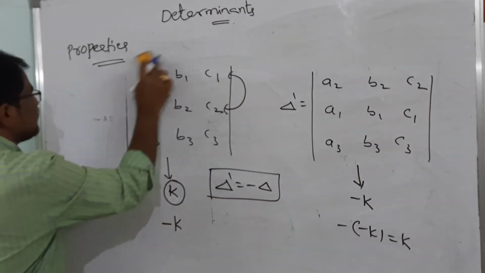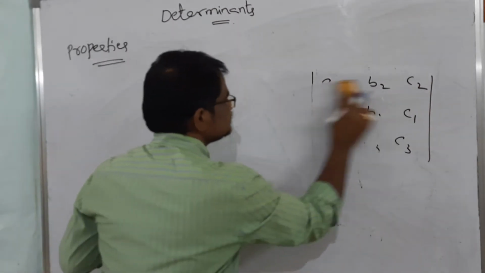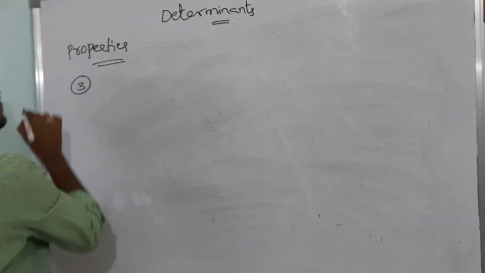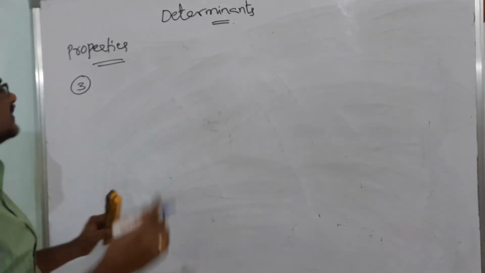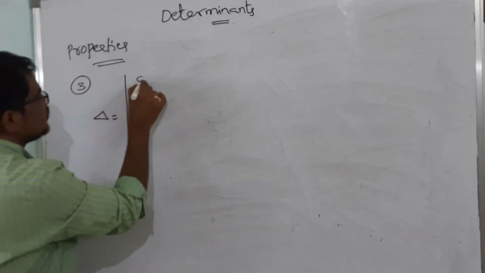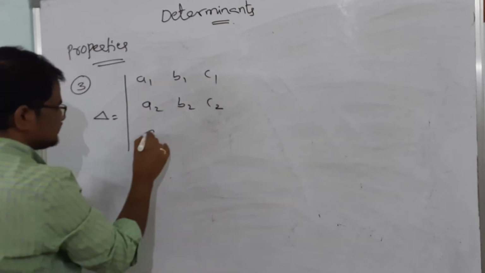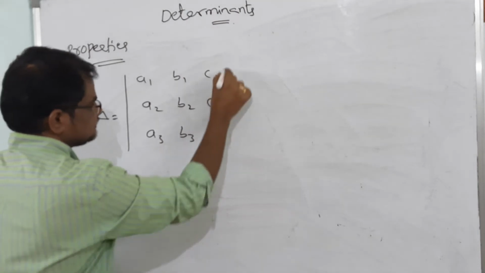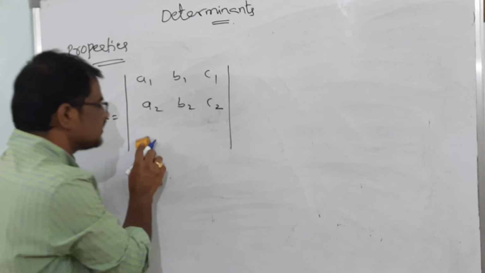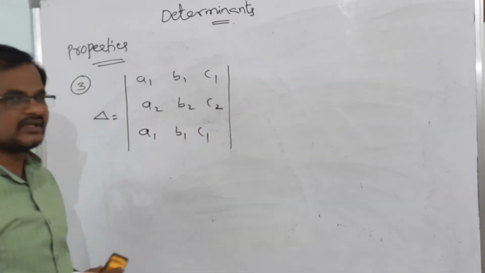Next, third property. Suppose delta equal to A1, B1, C1, A2, B2, C2, A3, B3, C3, right? Here in the third row, again A1, B1, C1 I am taking.